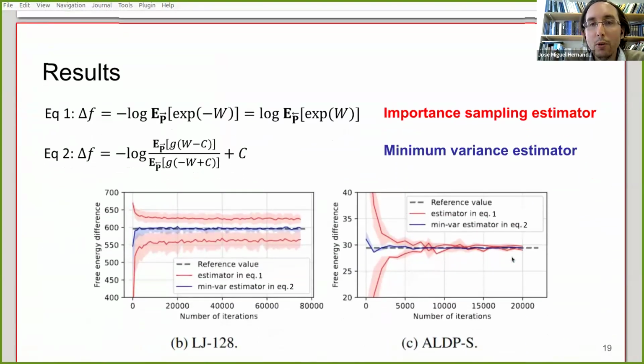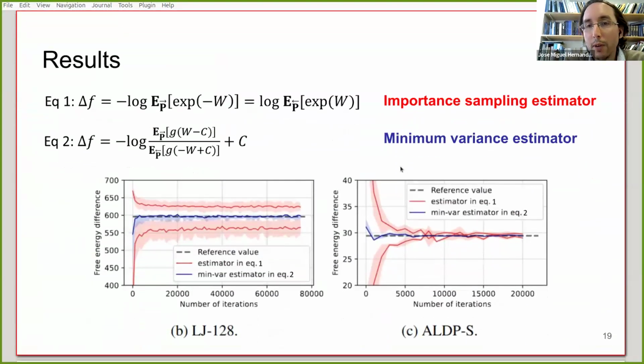What is interesting is to look at the gains that you obtain by using this minimum variance estimator, this bar-like method to estimate the free energy difference, using this forward and backward discretized SDEs. And we compare with just importance sampling. This is for the Lennard-Jones problem with 128 particles, and with the alanine dipeptide.